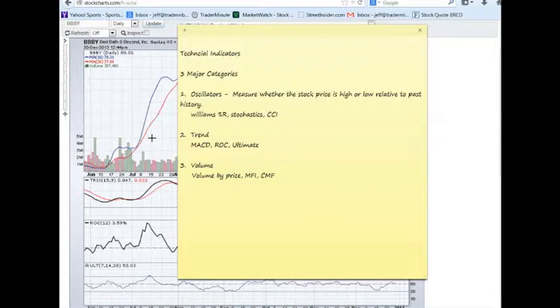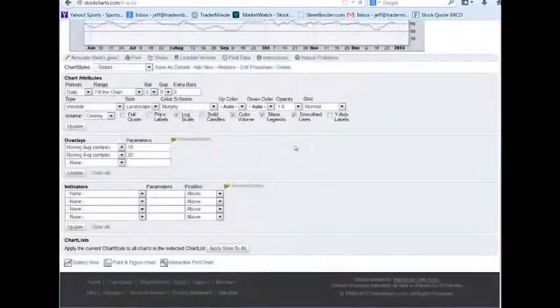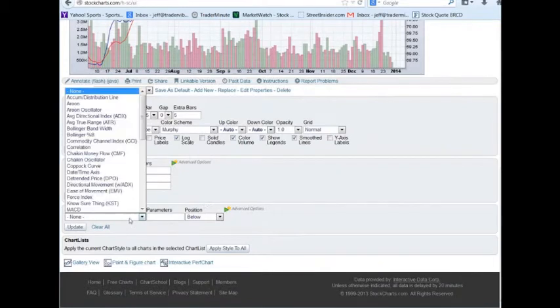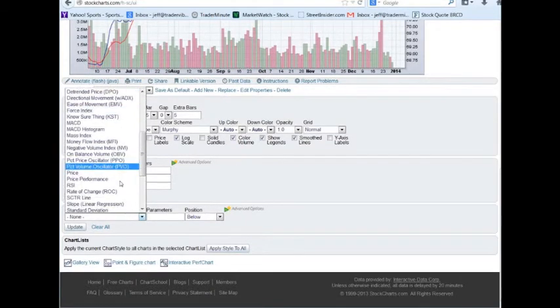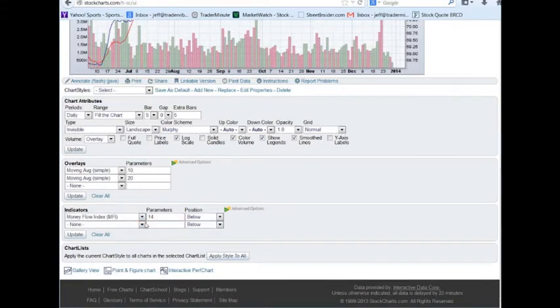These volume indicators try to add that volume element. So the MFI, let's add the MFI here, which is my favorite of the volume indicators, and oftentimes I'll refer to it as the RSI on steroids.